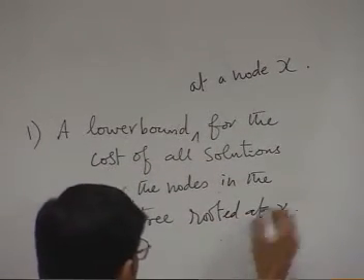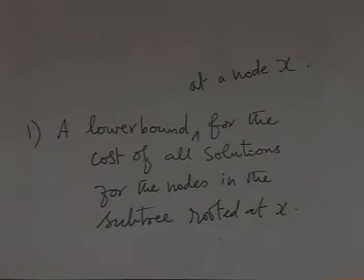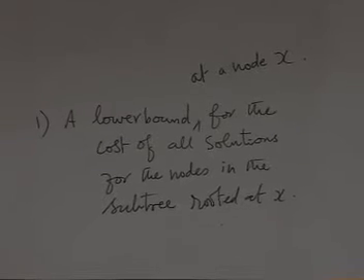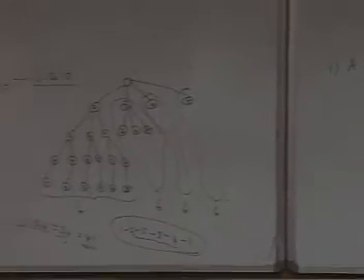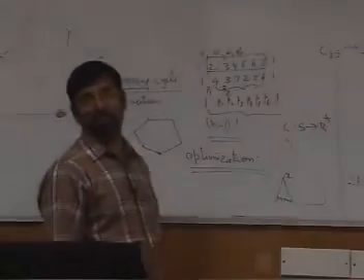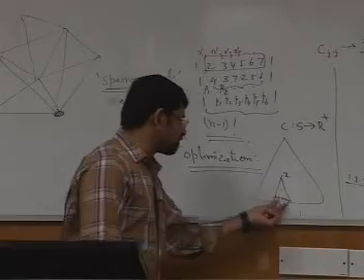In other words, if you imagine a big tree, and a subtree rooted at X, it has a lot of solutions. This is a solution space. Each leaf is a solution. So there are a lot of solutions here.